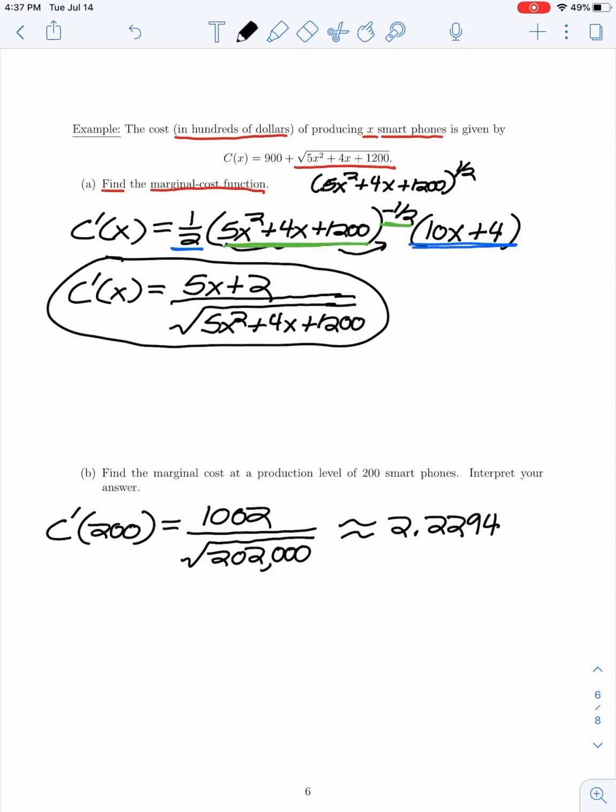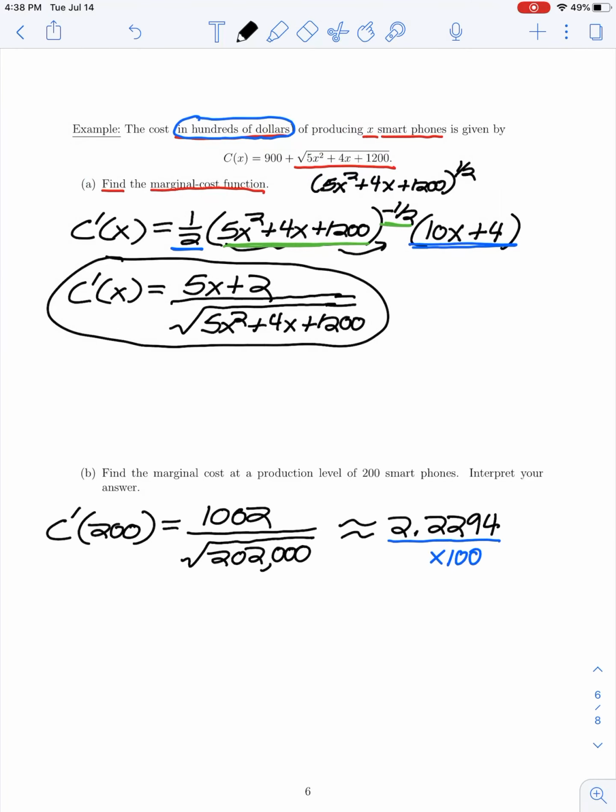But recall here that our cost function was being measured in hundreds of dollars, we were told in the problem statement. So our marginal cost is also going to be in hundreds of dollars per phone. To get our cost just in terms of dollars, we take this expression and multiply through by 100, since it's measured in hundreds of dollars.